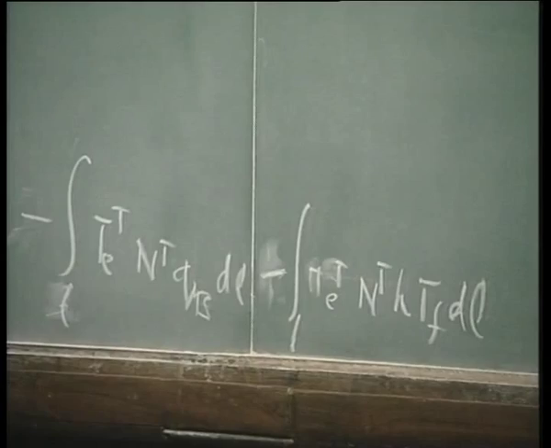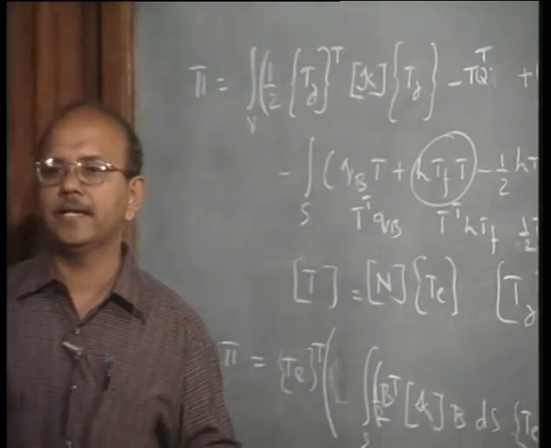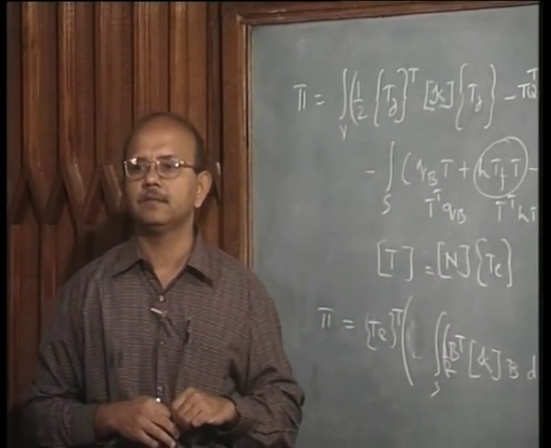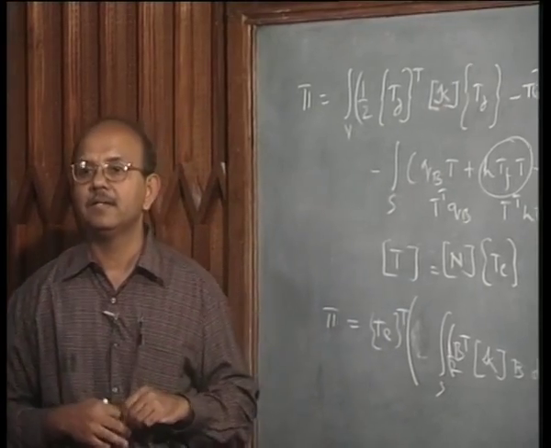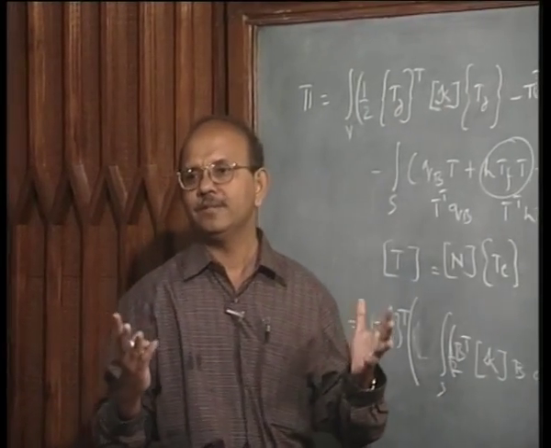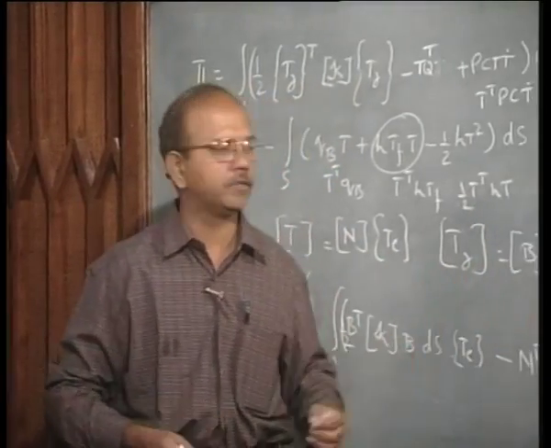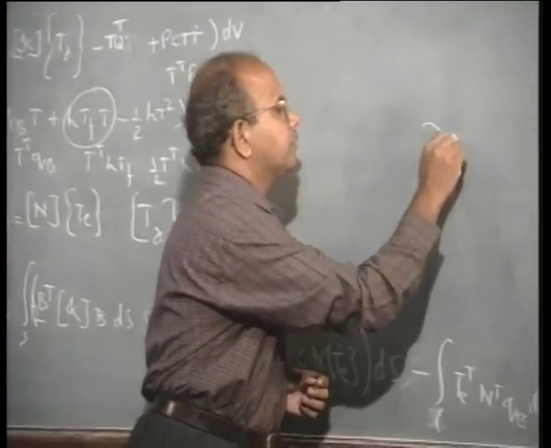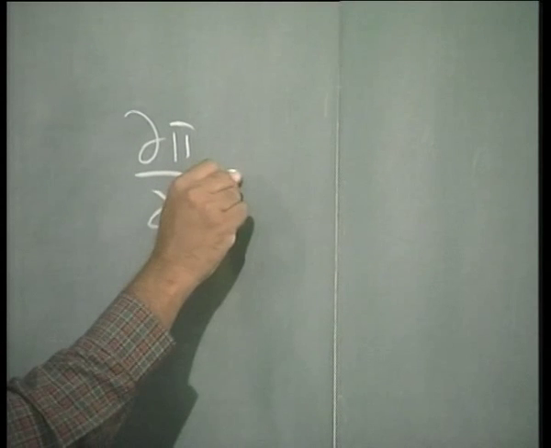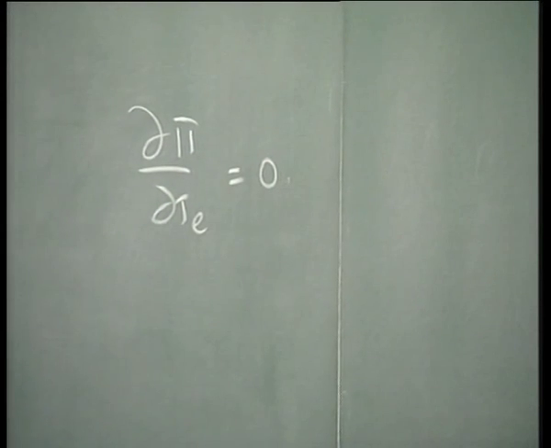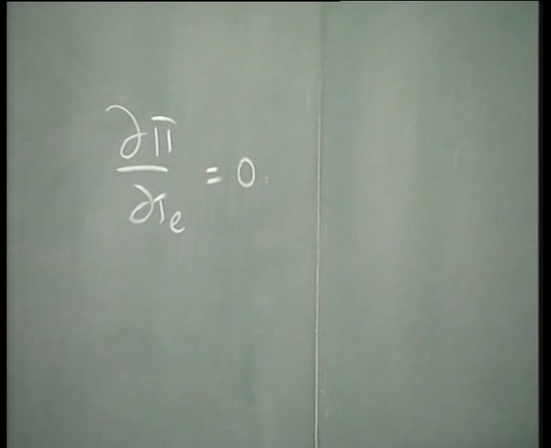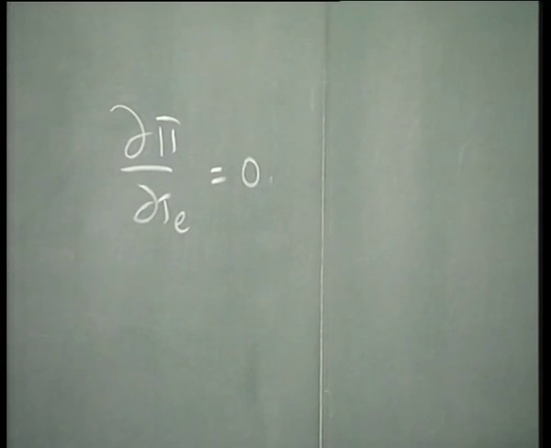So what is my next step? My next step is to differentiate it with respect to TE. You know what is to be done: phi I had, I substituted it, and so my next step is dou phi by dou TE equal to 0.